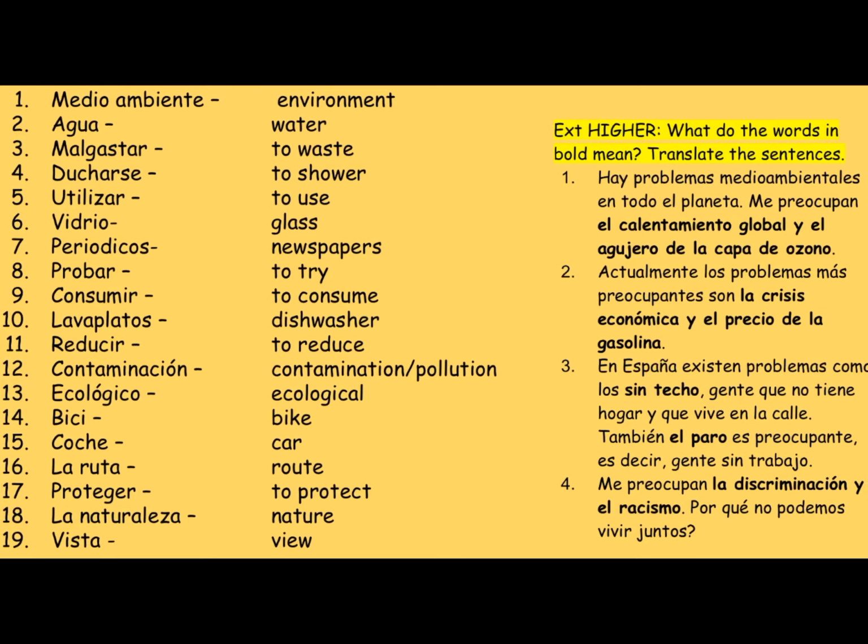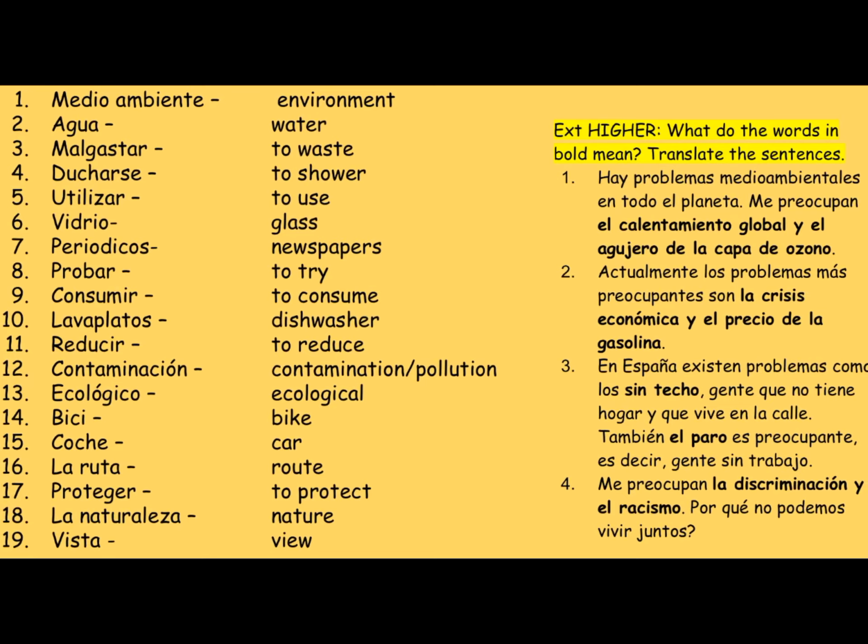Now, if we look over at the extension, just quickly going through them, we're going to have a look at what these sentences mean. So I'm going to translate those for you, 1 to 4. You can always mark yours off as you go along if you did them. If you didn't do them, you can always just skip to the next part of the video. So number 1, hay problemas medioambientales en todo el planeta.